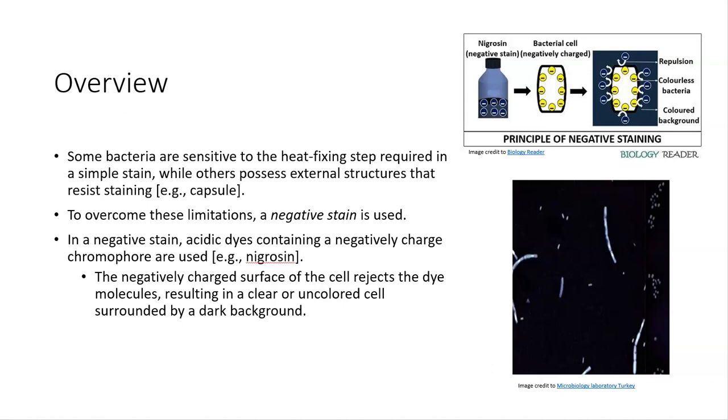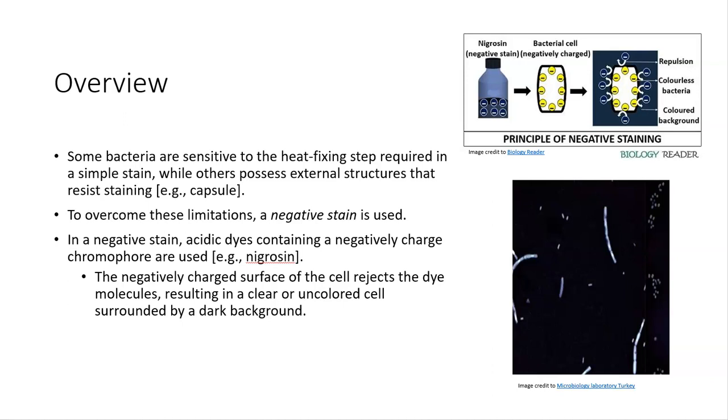If you go through the heat fixation process with them while you're doing smear prep, it can cause them to shrivel up into a little ball and look more coccus in shape, whereas they should have been an elongated spirochete or spirillum. So with those types of bacteria that would suffer the effects of shape changes during heat fixation, we would opt to do a negative staining procedure because negative staining does not require heat fixation.